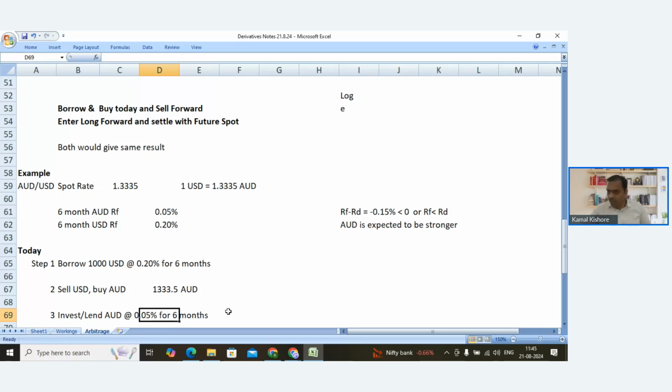Work it out. Unless mentioned, the rate is per annum.